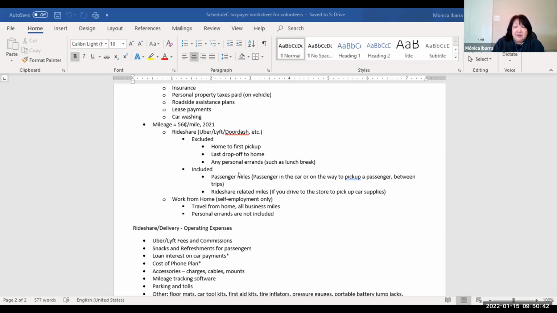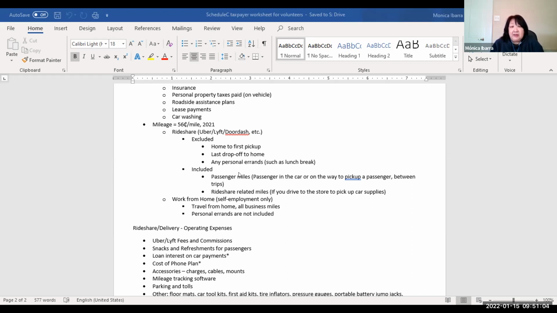That is considered commuting miles, and that is not included. Your last drop off, you drop somebody off and then you drive home. That is also not included. That is considered commuting miles. And then any personal errands that you run while you're out doing your rideshare are also not included.